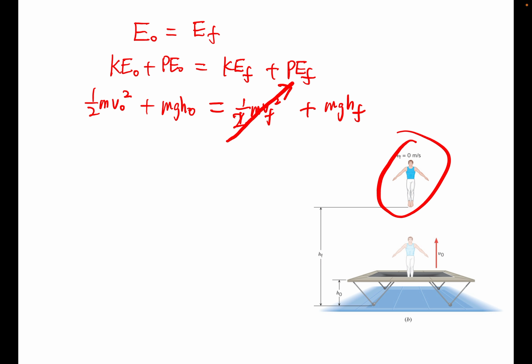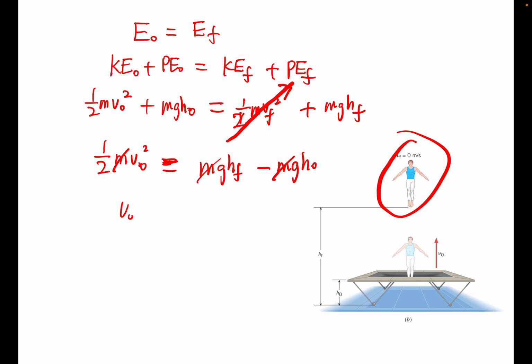We're left with 1/2 mv0 squared equals mghf. Subtract mgh0 from both sides, and m cancels.